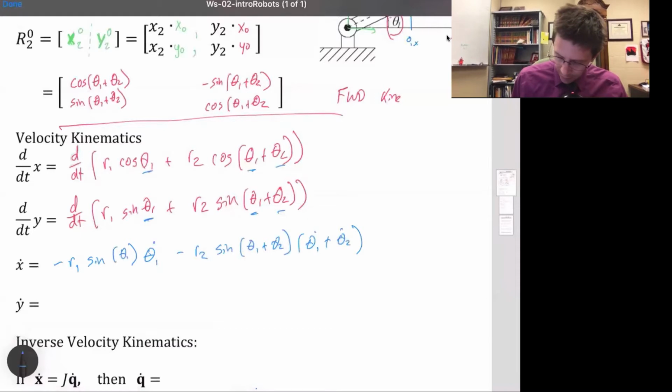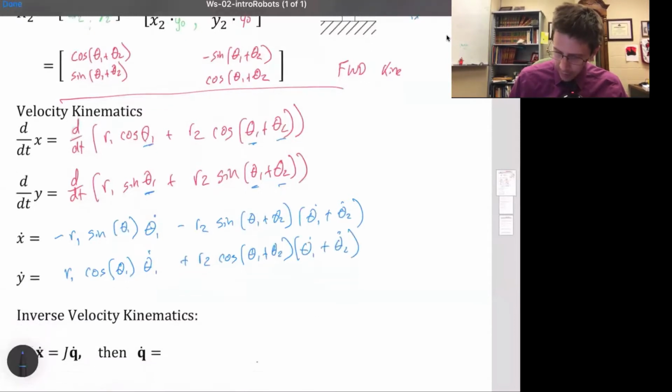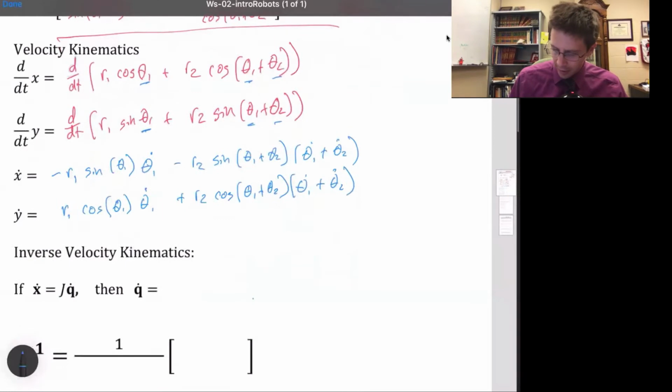And very similar on the other side, it'll be r1 cosine theta 1 times theta 1 dot plus r2 cosine of theta 1 plus theta 2 times theta 1 dot plus theta 2 dot. And that is our velocity kinematics. It tells you if I change these velocities, theta 1 dot and theta 2 dot, how fast do I get my end effector to move in x and y?